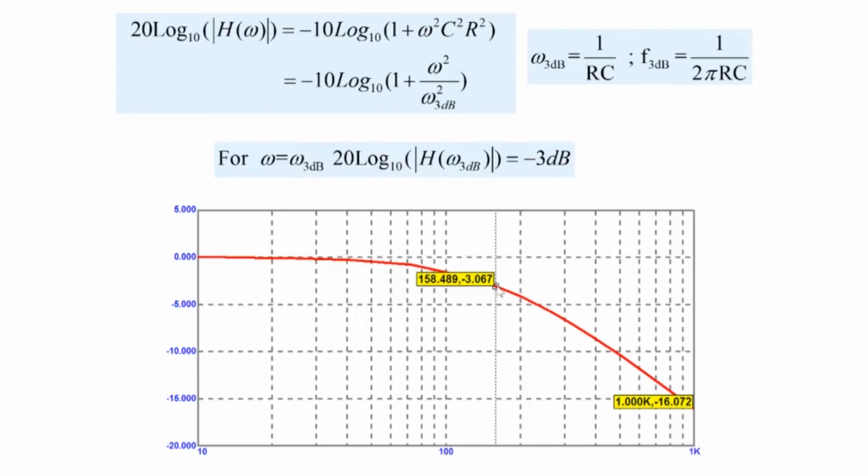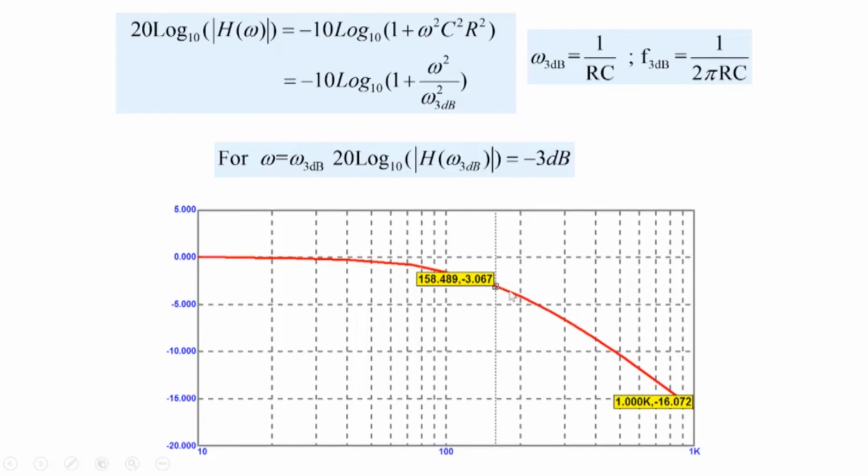Beyond this frequency, the signal is getting attenuated. That's the 3 dB point. This is an important frequency which characterizes the system, because below the 3 dB frequency the signal is practically like 0 dB.